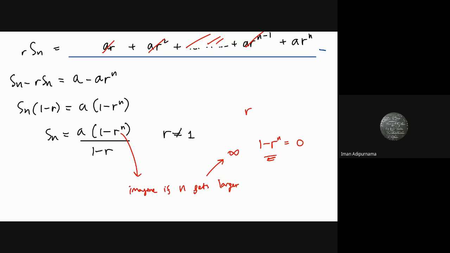And r should be between 0 and 1, so it should be a fraction.